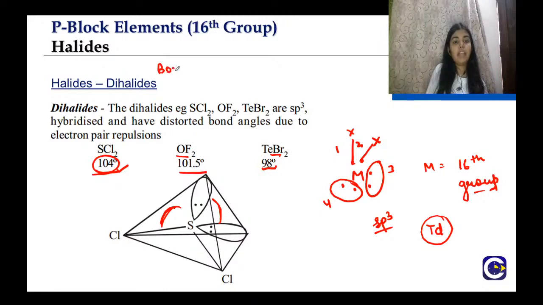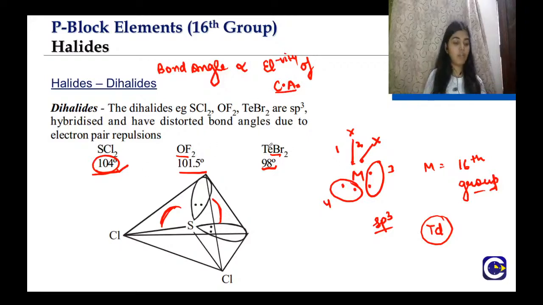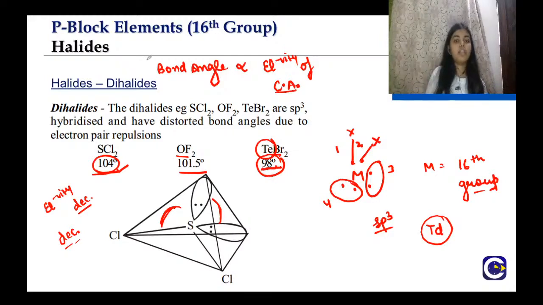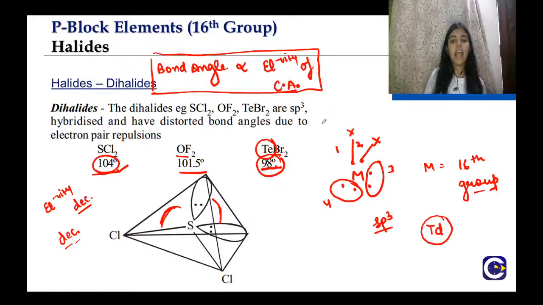As we have already done, bond angle is directly proportional to the electronegativity of the central atom. Electronegativity decreases down the group, so the bond angle will also decrease down the group. Tellurium has the lowest electronegativity, so the bond angle is also less. You can remember that bond angle is directly proportional to the electronegativity of the central atom and inversely proportional to the electronegativity of the side atom.